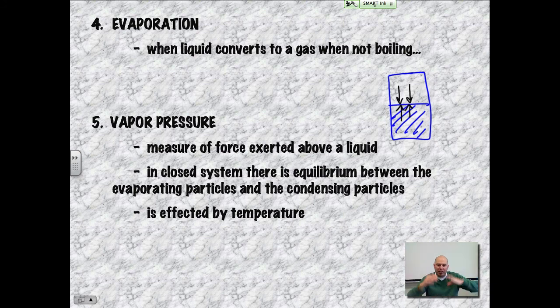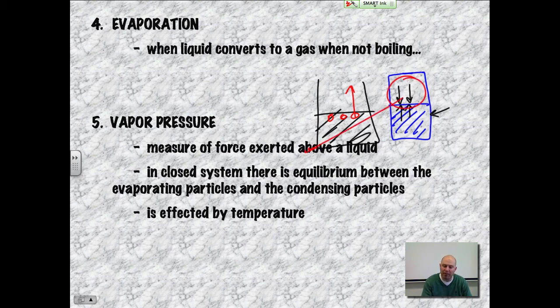That's why if you have a container that's closed, then liquids will stay as a liquid. If this same container was open, then these molecules would evaporate. Obviously, if you increase the temperature, then your vapor pressure could change as well. It's the measure of force exerted above a liquid.